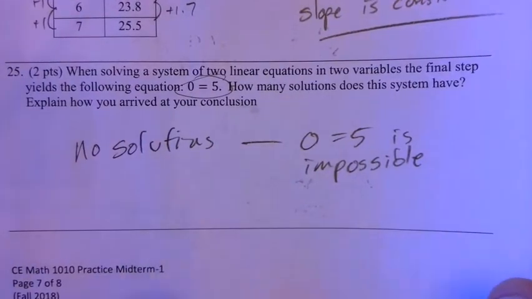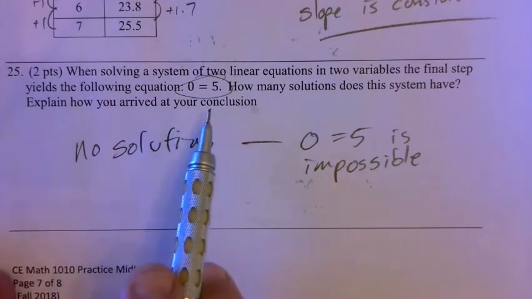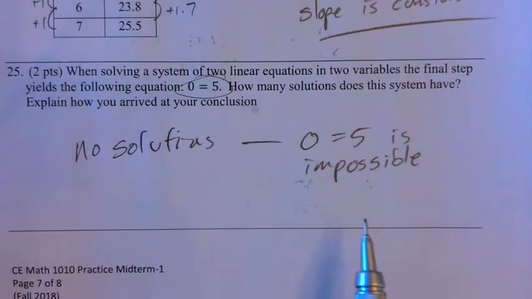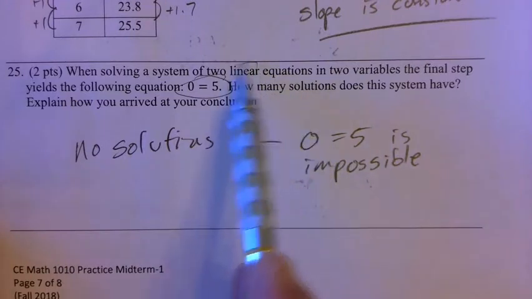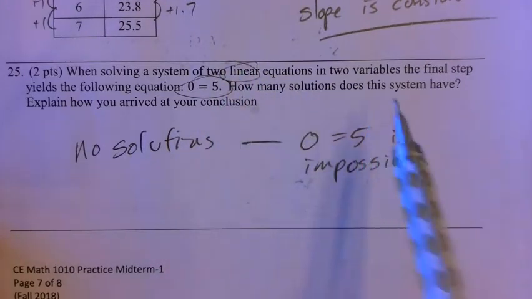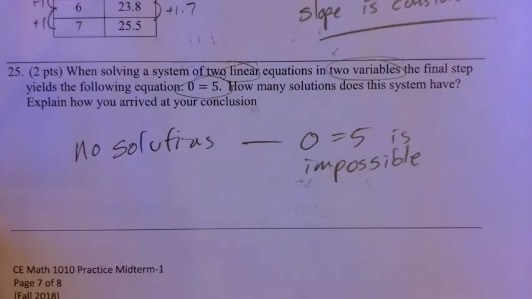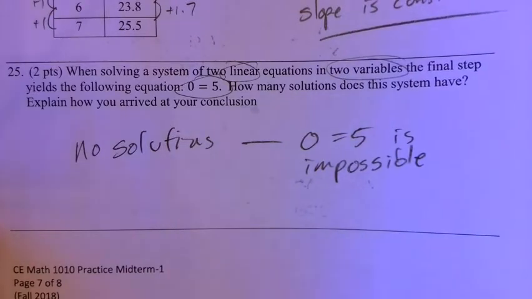Okay, so remember, if you end up with 0 equals 0, that's infinite solutions. 0 equals 5, that means there are parallel lines and there's no solutions. Be careful, this is linear equations in two variables. That means we're dealing with lines. If we were doing 3 variables, I would be dealing with planes. Okay, last page.